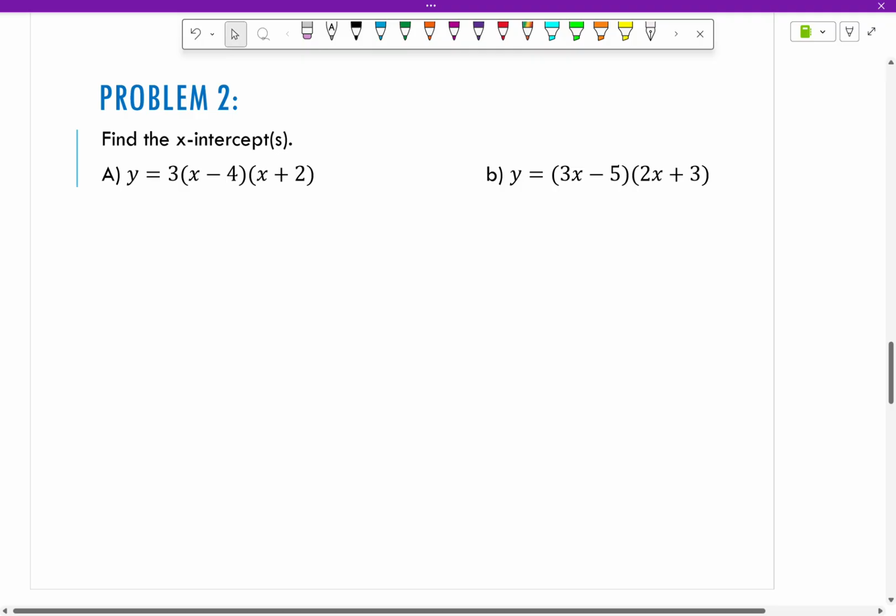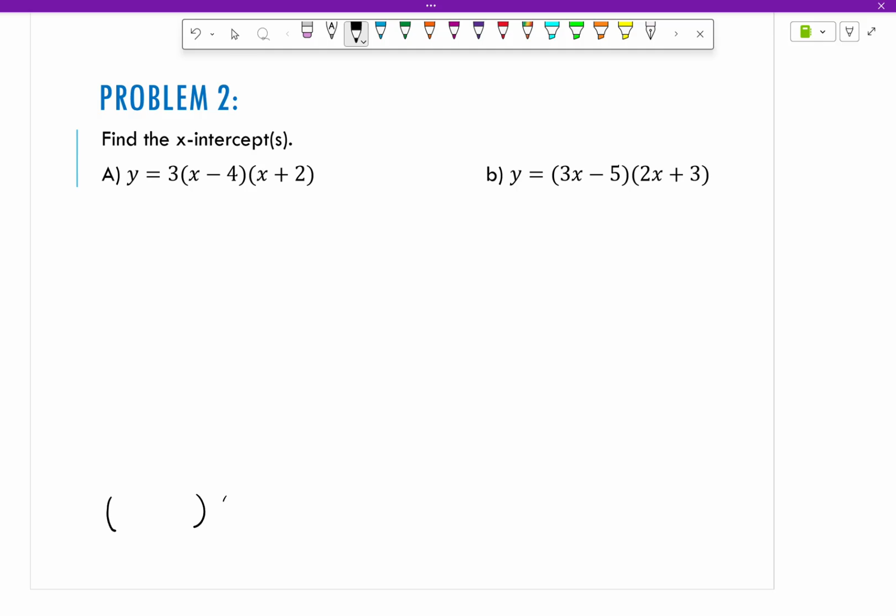For x-intercepts, all of our x-intercepts have a y value of 0, and we want to find the x value. So I would make this y a 0, but I'll write it like this.